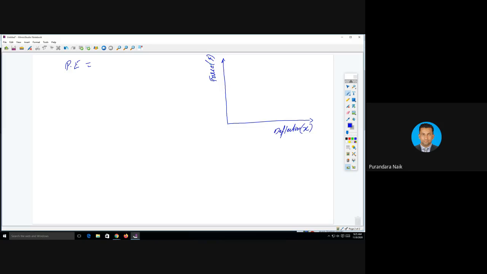If you draw the graph of force versus deflection, the curve will be a straight line.